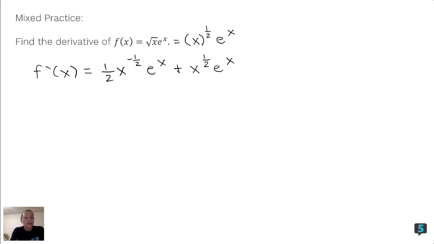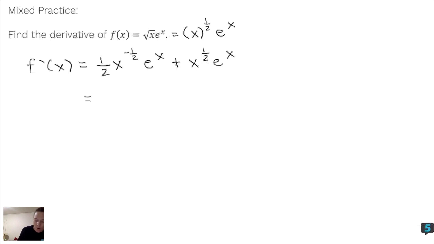I know that when I took calculus, I always had to get rid of negative exponents. So my teacher would always say, oh, get rid of that negative exponent. So I might have been tempted to rewrite it as 1 over 2 square root of x e to the x plus square root of x e to the x. We even could clean that up a little bit further and do that as, whoa, that eraser was wider than I expected.